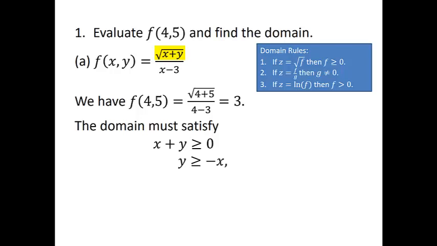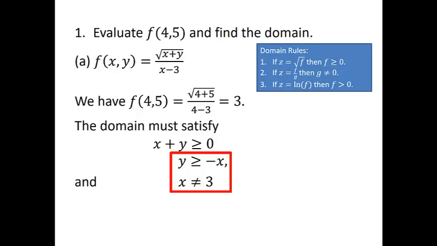Solving for y, this tells us that y must be greater than or equal to negative x. We also must deal with the fact that we have a quotient. We can't divide by 0, and so in this example that tells us that x is not allowed to equal 3. So our domain of the function is that y must be greater than or equal to minus x, and x is not allowed to be 3.